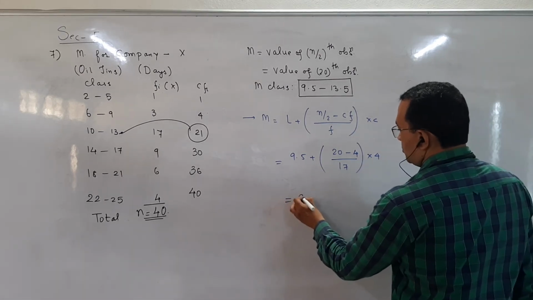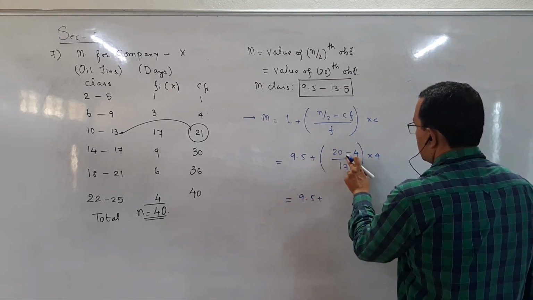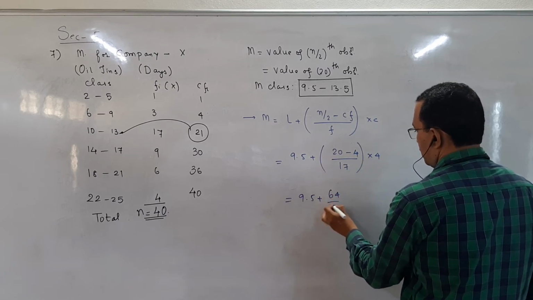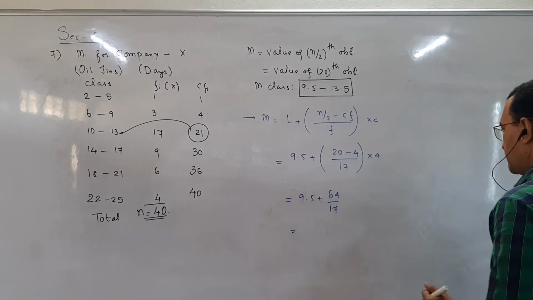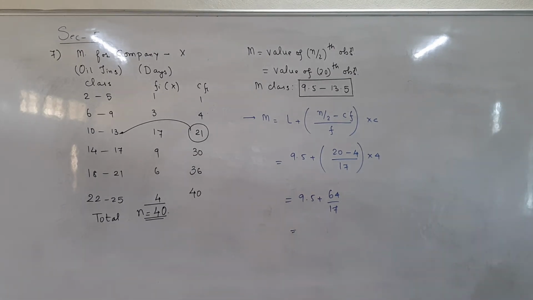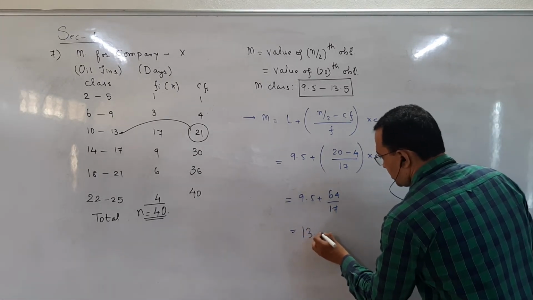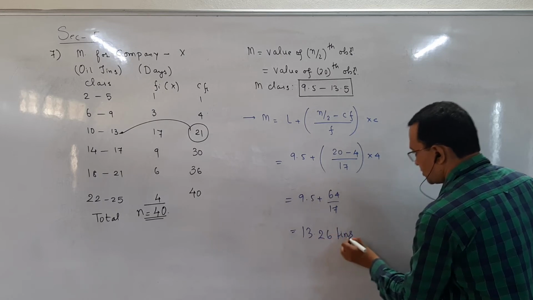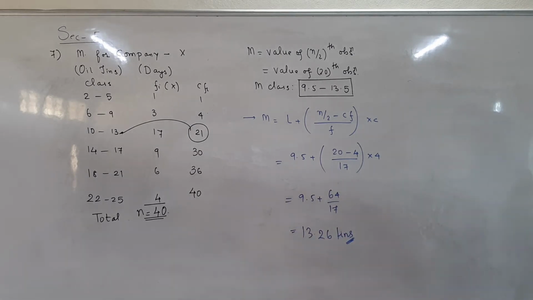So this comes out to be 9.5 plus 16 fours are 64 by 70, which is 13.26. Now students, you can easily do the calculation with the help of a simple calculator. So for company X, the median number of things sold is 13.26.